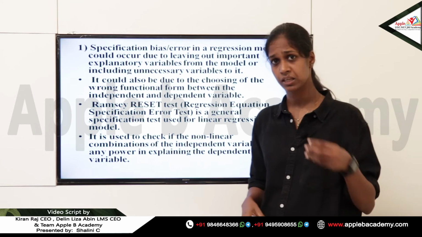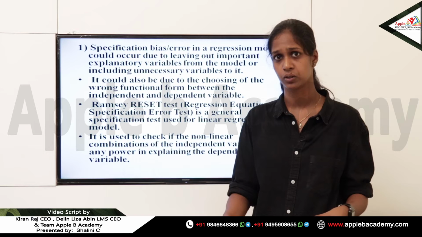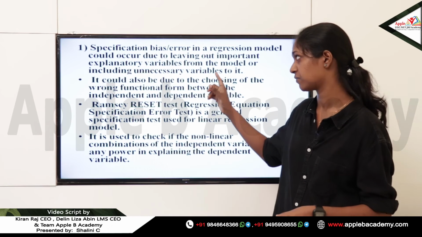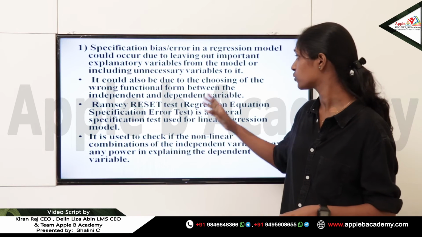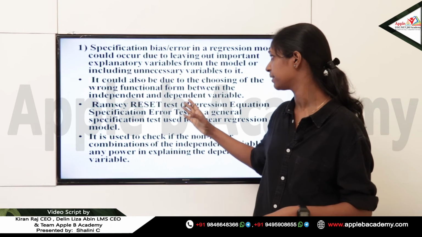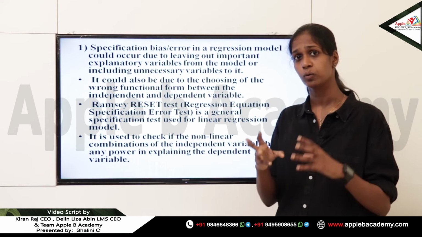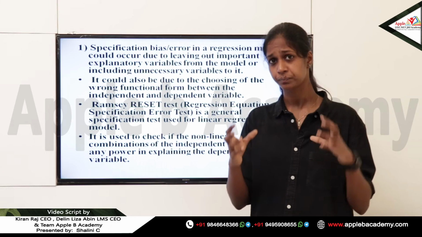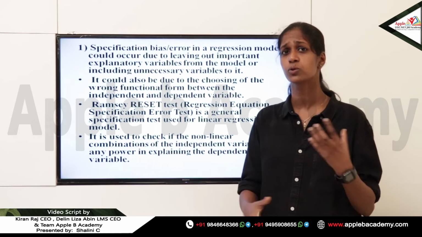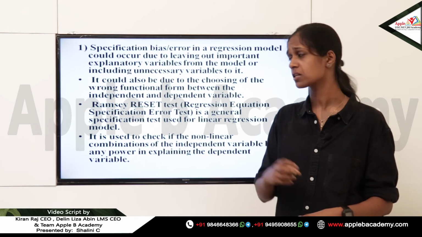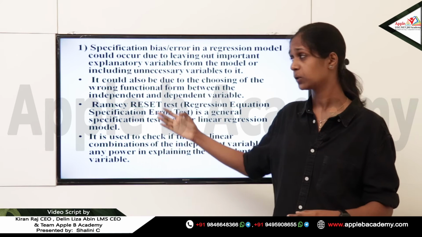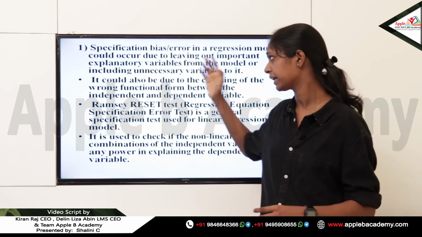So you leave out something important or you add something unimportant. That could be one reason for specification error. Or you choose a wrong functional form between the independent and dependent variable. When you choose a wrong functional form, it could lead to specification bias or error.